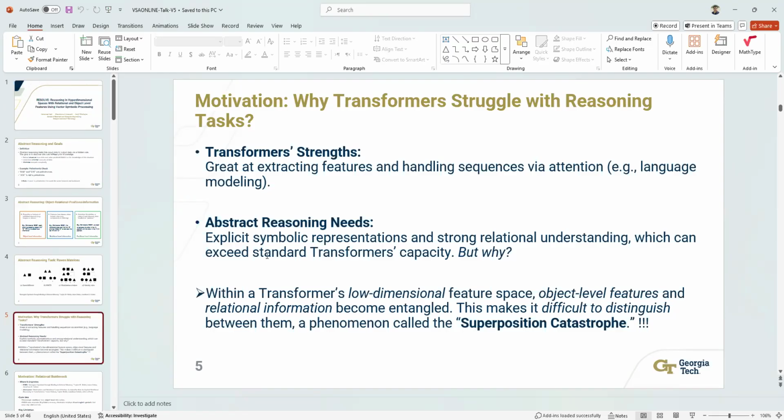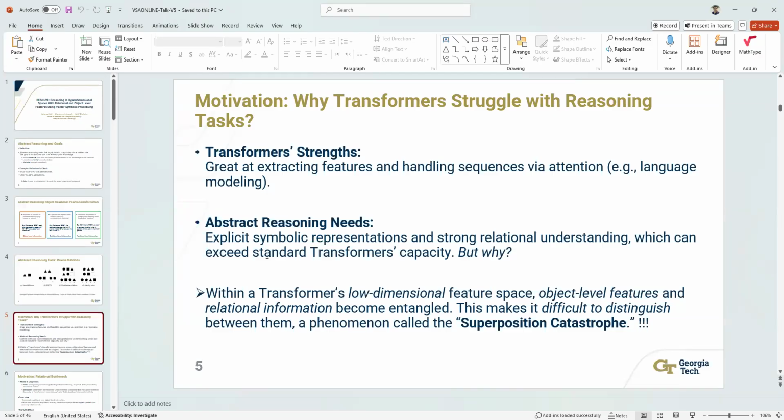So the broad understanding in the AI literature is that you need some kind of symbolic processing, where symbols represent objects, and one can essentially quantify relations between symbols and somehow delink object level features from relations between objects to be able to reason about various problems.